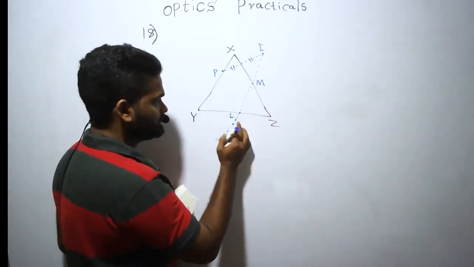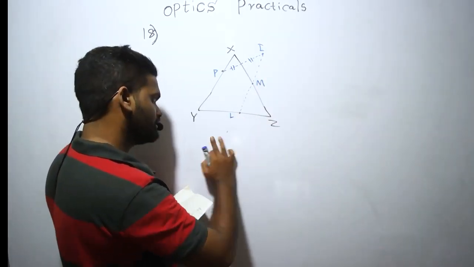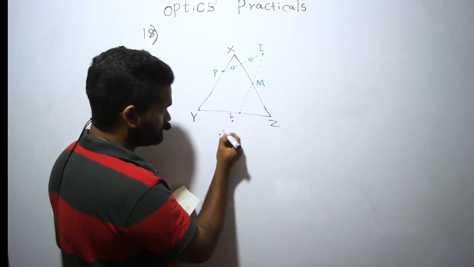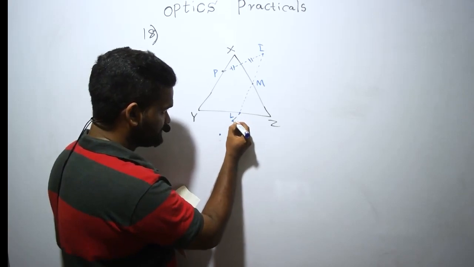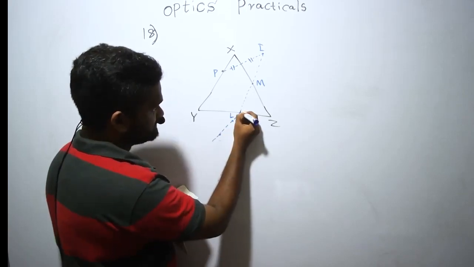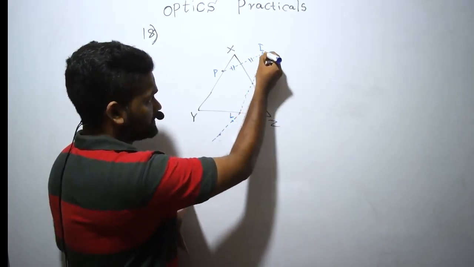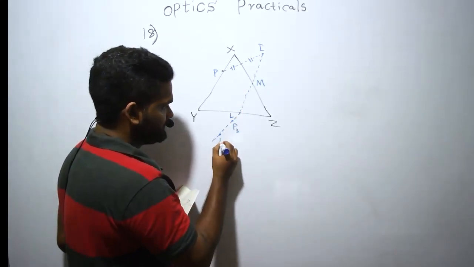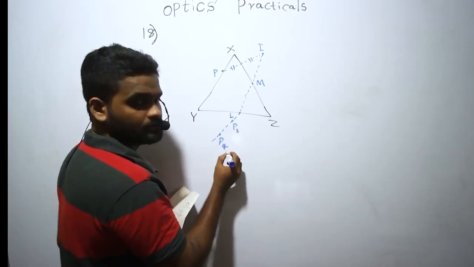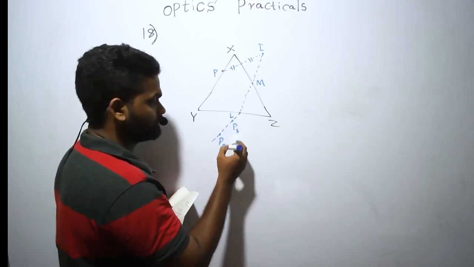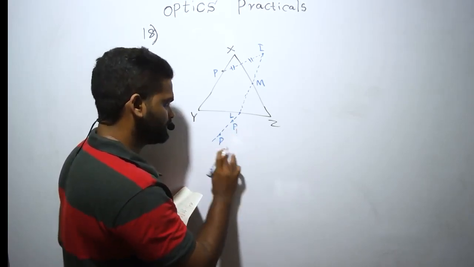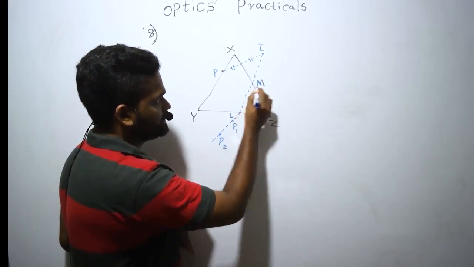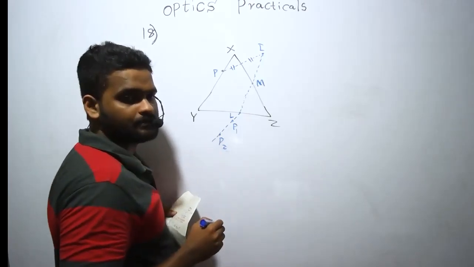So this is one line, but this should be inclined, right? This is one line here, coming from I to L. Optical pin P, P3, P4, or P1, P2, doesn't matter. So here you have capital M. This intersecting point, you can name it as capital M.